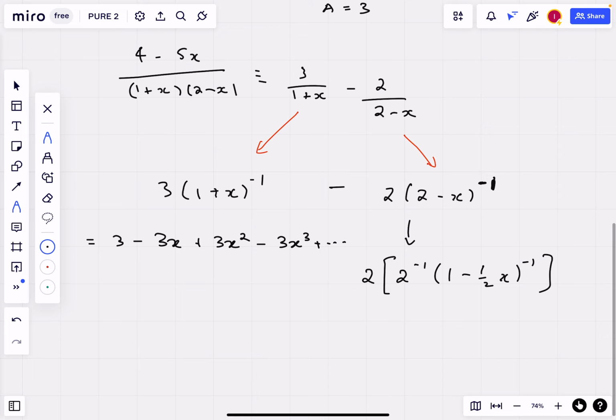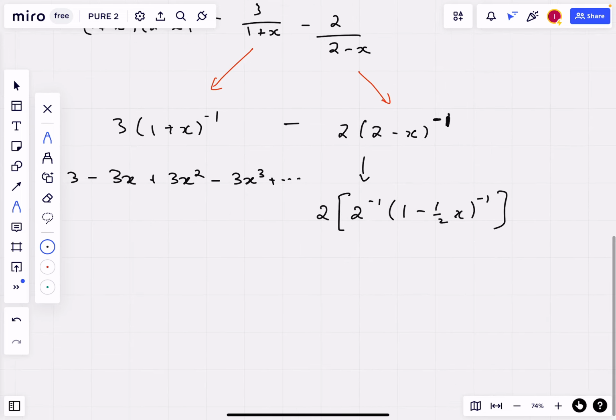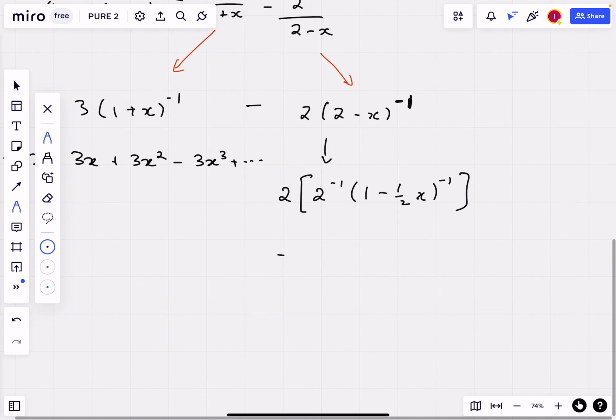The second one is a little bit longer, but after simplifying all that, you should get 1 plus x over 2 plus x squared over 4 plus x cubed over 8.